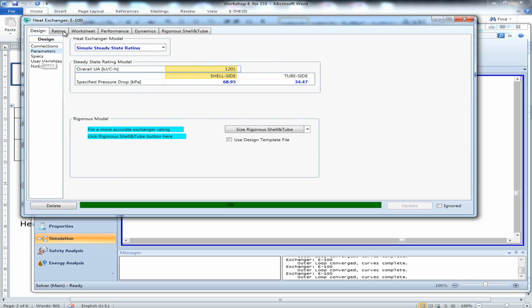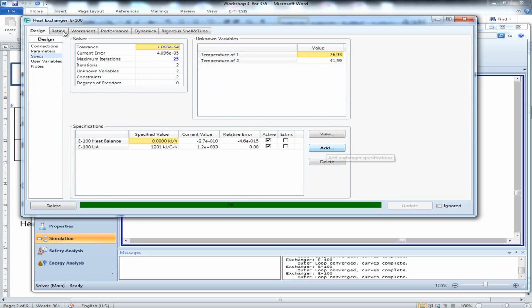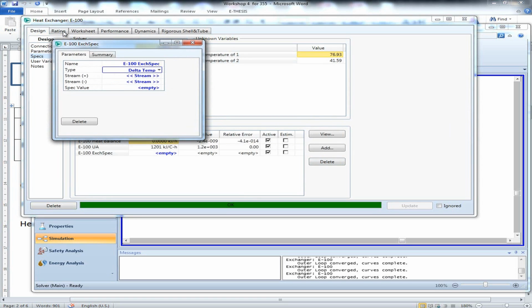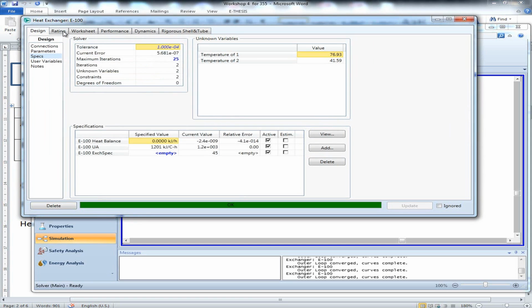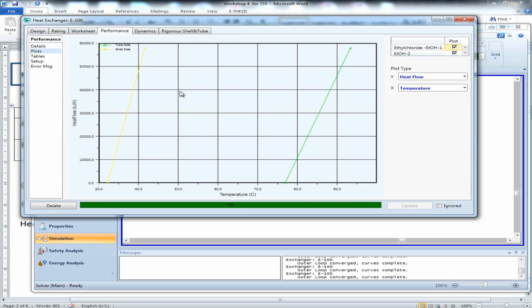So you can go to spec and then add that, finding the minimum approach using overall. The value tells us that the temperatures do not approach each other very closely, so heat transfer is not very nice. That's why the plot shows them far away from each other. I will revisit this again for how to improve that.